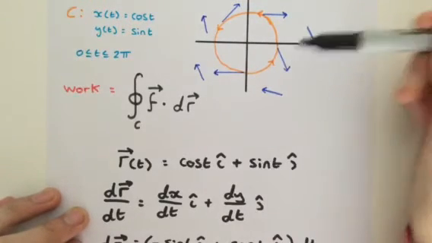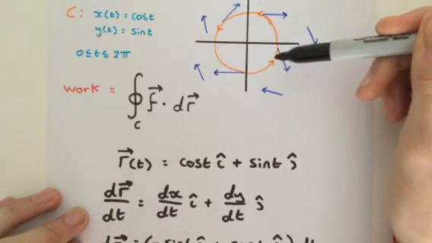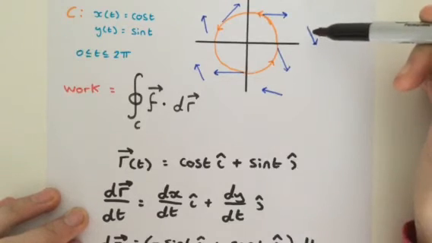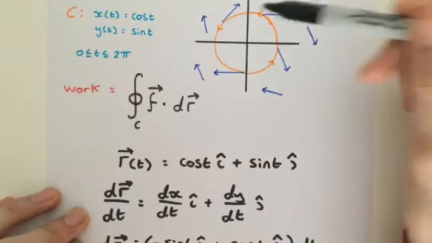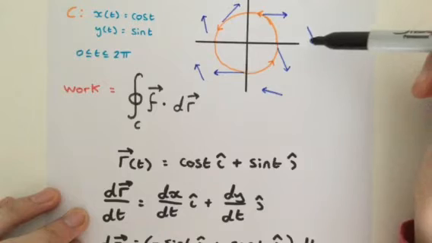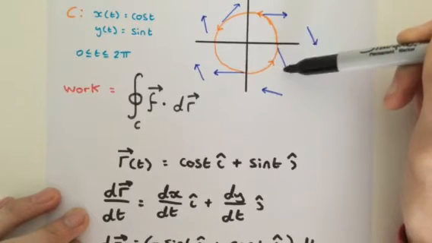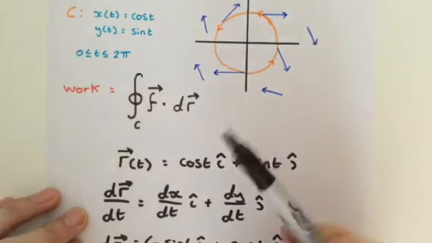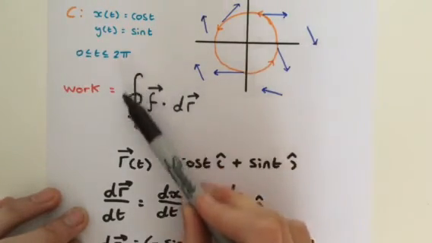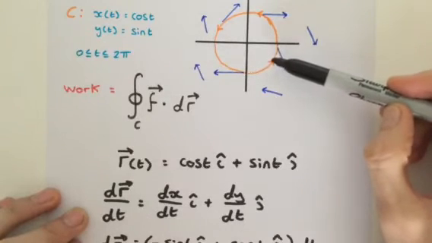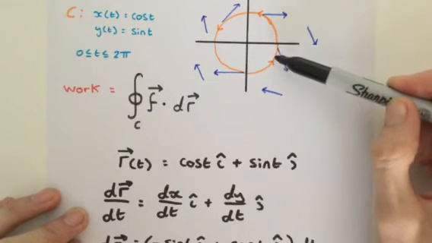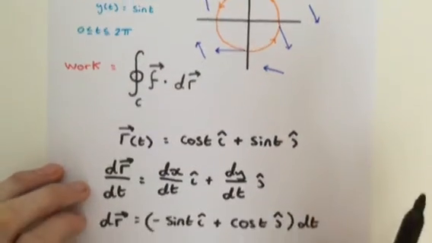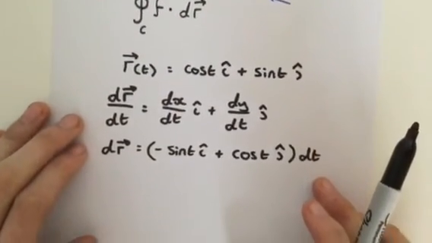In other words, the component of the vector field acting on the unit circle, because we don't care about the vectors that have got nothing to do with the unit circle, like this one here. And we add all of the tiny distances multiplied by the tiny components of the force by taking the integral, the line integral of curve C. So just to get that out of the way.